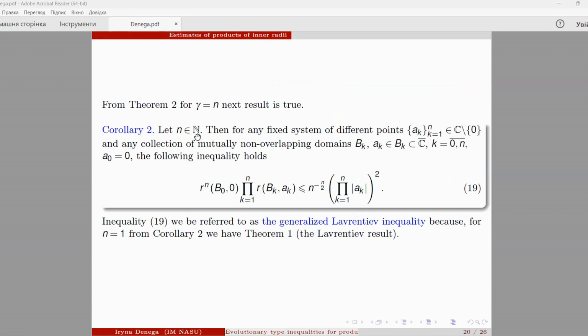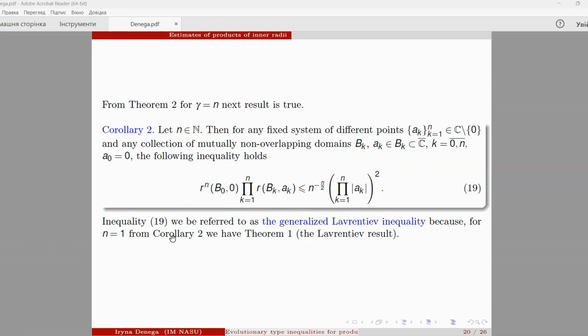From theorem 2, for gamma equals n, the next result is true. Let n be a natural number. Then for any fixed system of different points a_k, and any collection of mutually non-overlapping domains B_k, a_k from B_k, the inequality holds: R(B_0, 0)^n product over k from 1 to n of R(B_k, a_k) is less than or equals n to the minus n over 2 times the product of modules of a_k to the square.